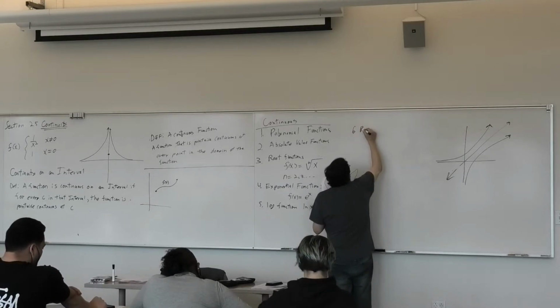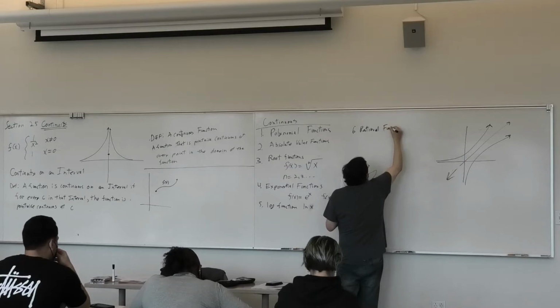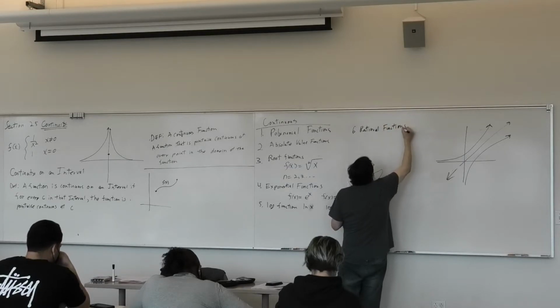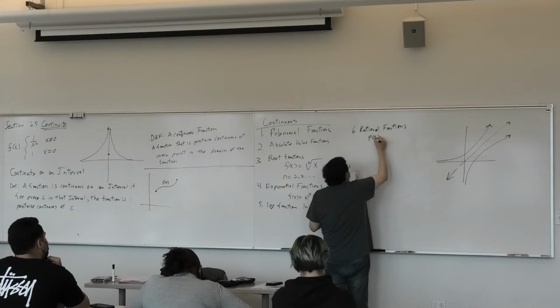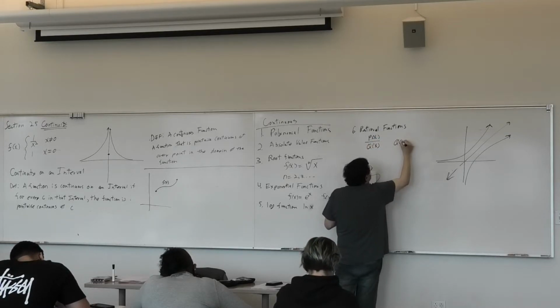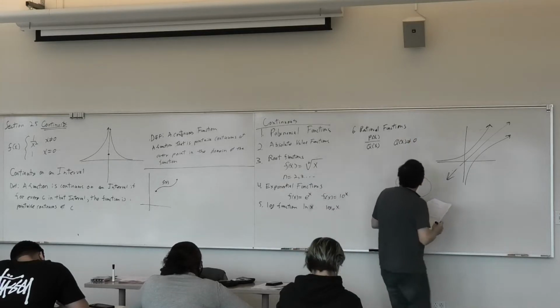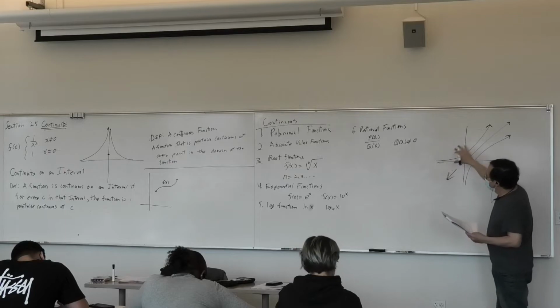Okay, 6, rational functions. p of x over q of x, where q of x is not equal to 0. You can spend a lot of time drawing rational functions.